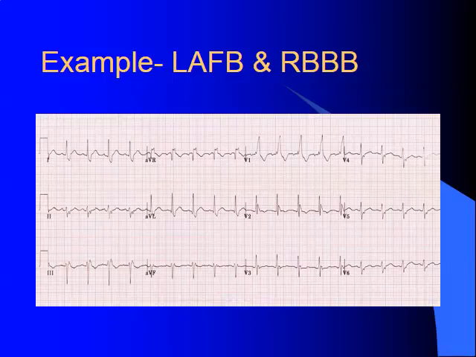We need to be very concerned and prepared for rapid intervention should that last fascicle become blocked as well. So something that's asked a lot of times is, what does a trifascicular block look like? It's not really possible to distinguish between a trifascicular block and a complete heart block.